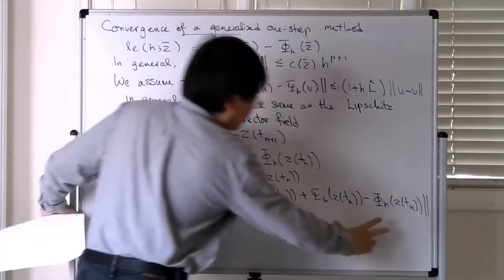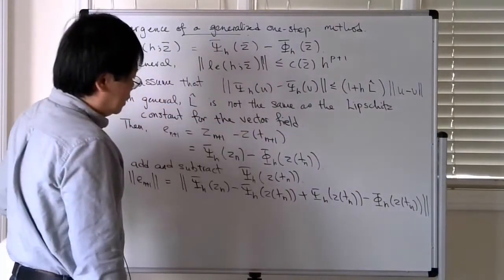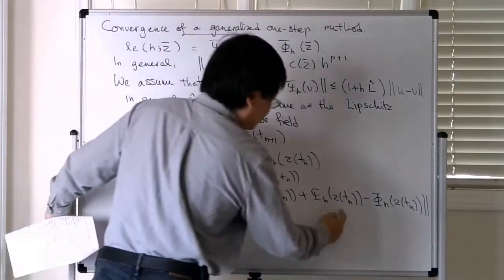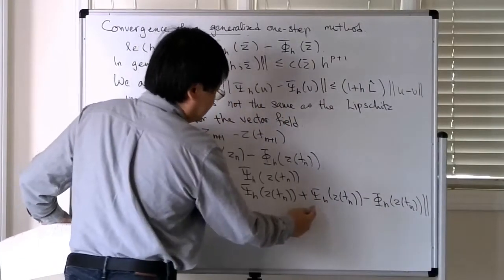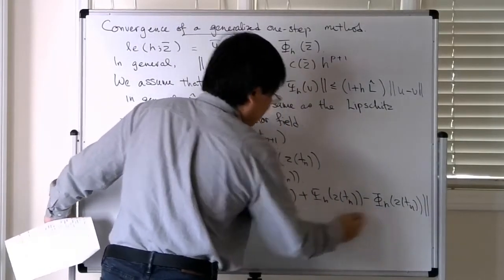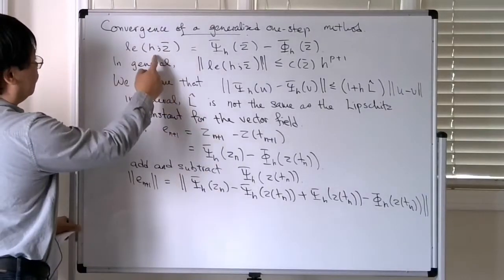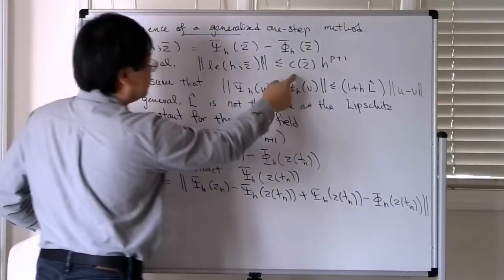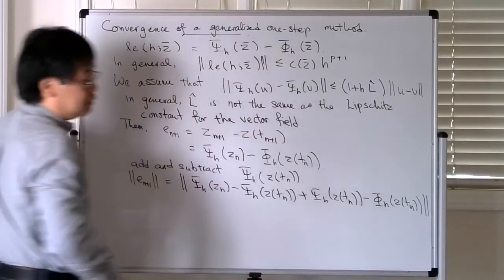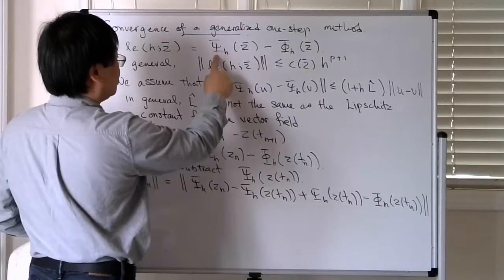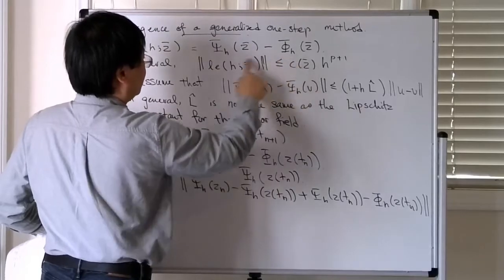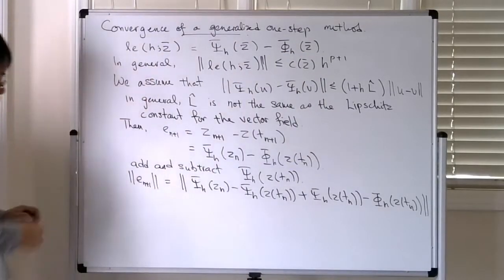Then you have this second pair of terms which have the same data, but it's the difference, if you will, of two different methods. And that again should evoke in you this estimate we have for the local error, which is the difference between the numerical flow map and the exact flow map with the same data.